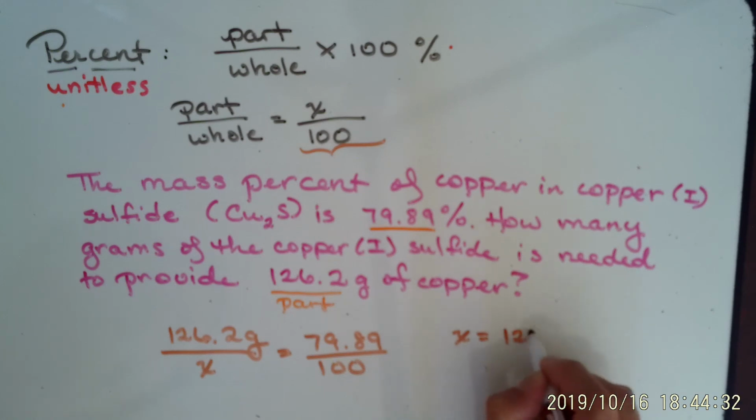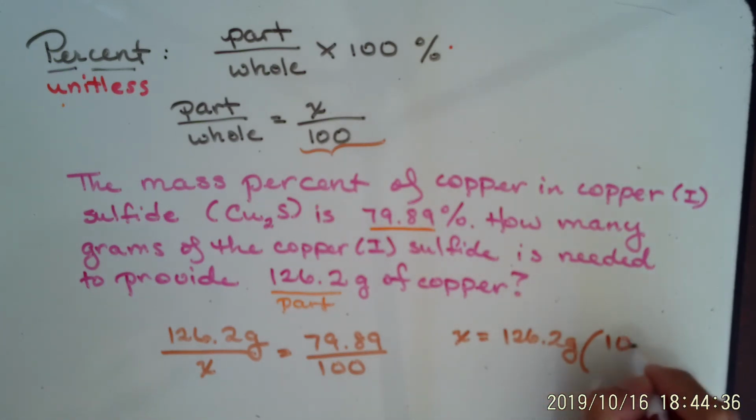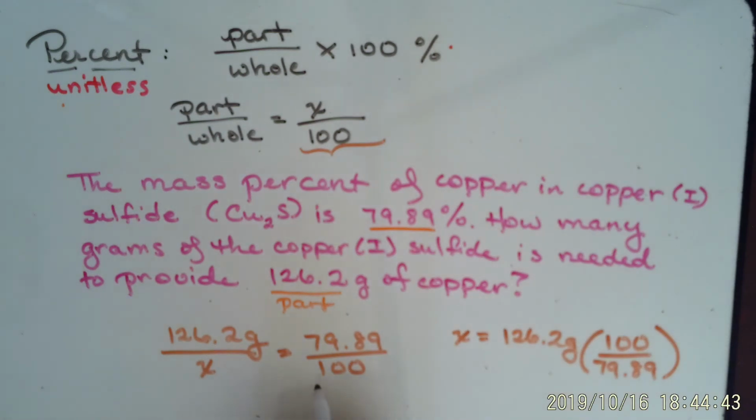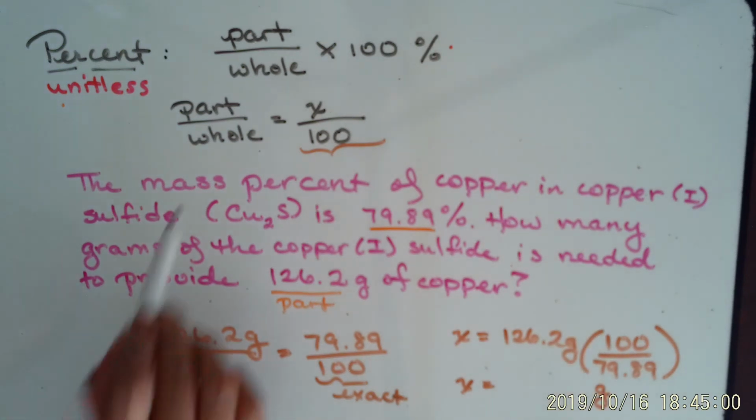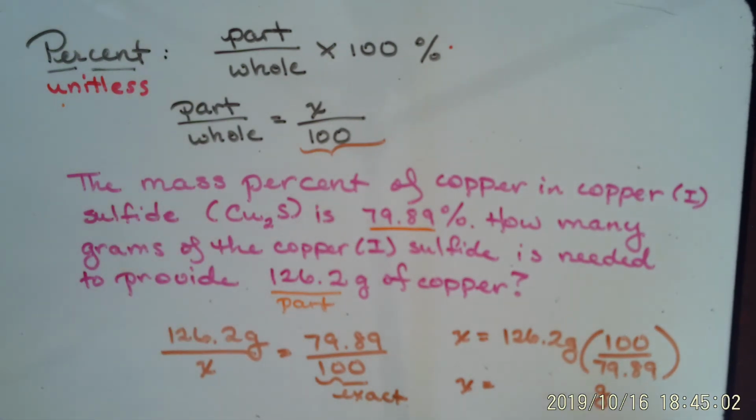So 126.2 grams times 100 over 79.89. Now this 100 is exact. This is part of my definition of percent. This is 4 significant figures, so we're going to give our answer in 4 significant figures. And in this case, notice I have units because we're looking for the whole, and it should have units of grams.